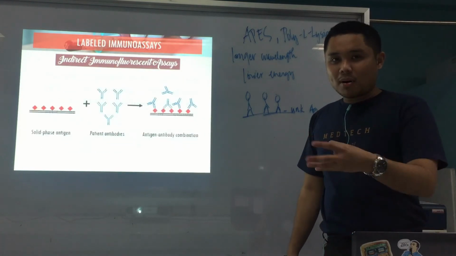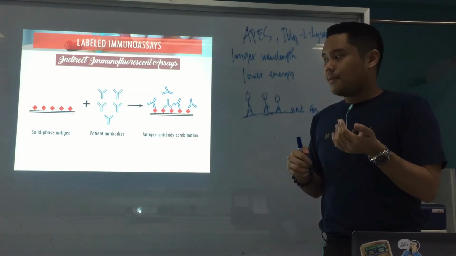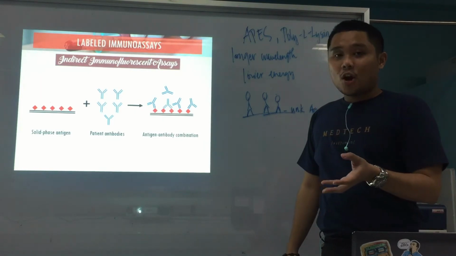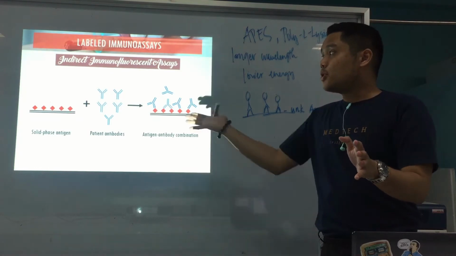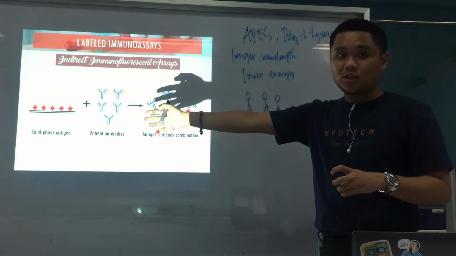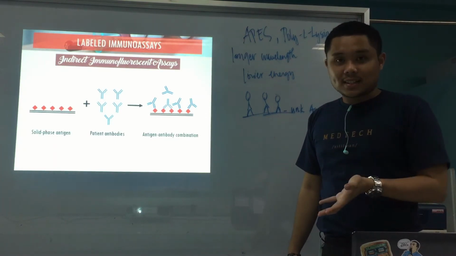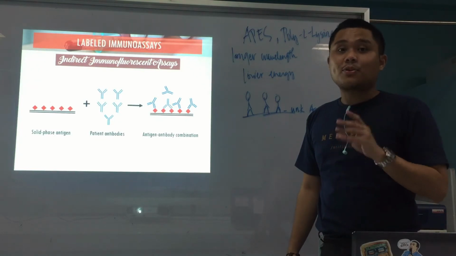Since this is for antibody detection, the solid phase has the antigen, then the patient antibodies are added, forming the antigen-antibody combination. But again, as mentioned, for indirect immunofluorescence the solid phase can be antigen or antibody, depending on what you need to detect. For direct immunofluorescent assays, it is best suited for antigen detection.